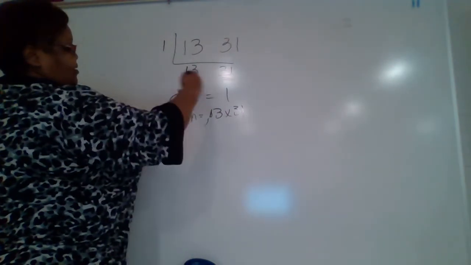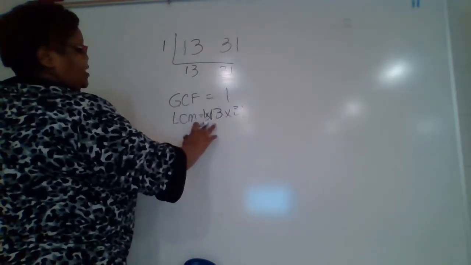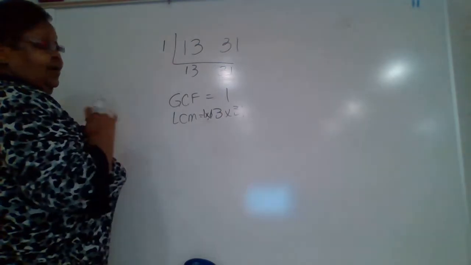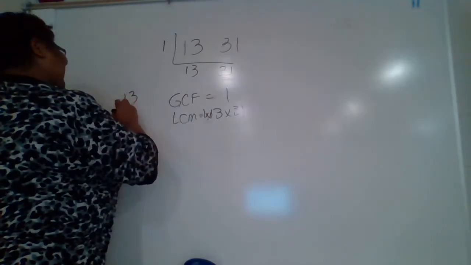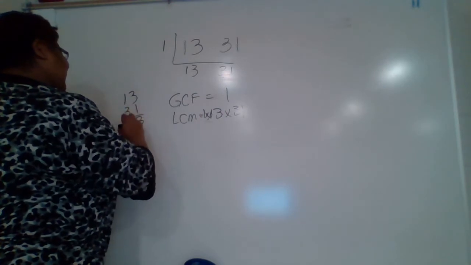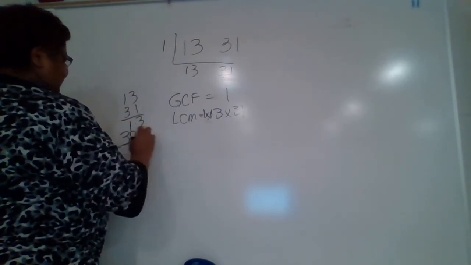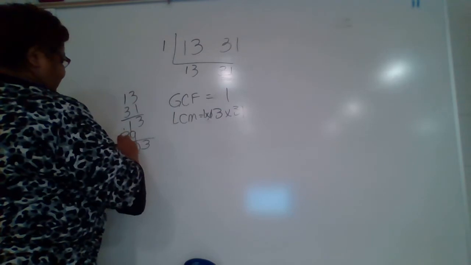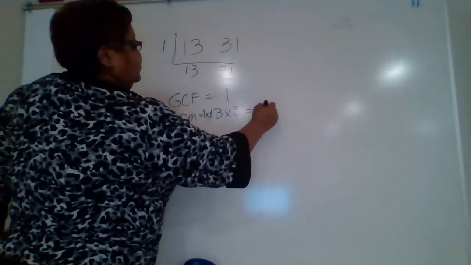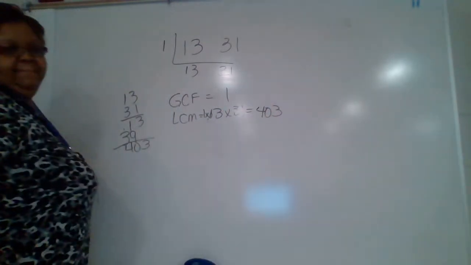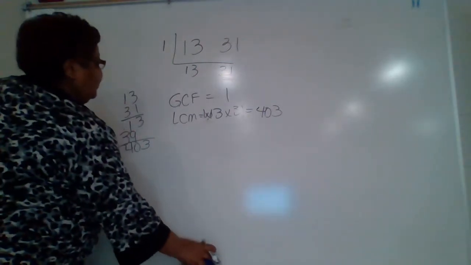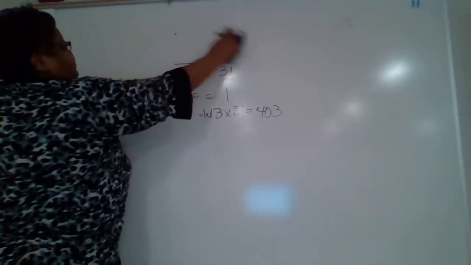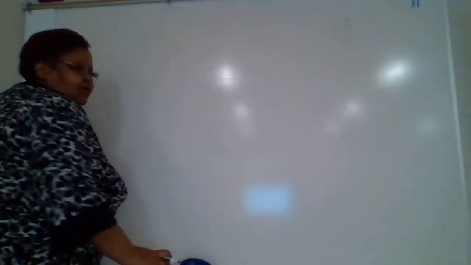And technically it'd be 1 times 13 times 31 and whatever that is. Well, let me go ahead and do it. So it's 13. So that's 403. And again, you can pause this video at any time. I'm just doing this so you can check your work.